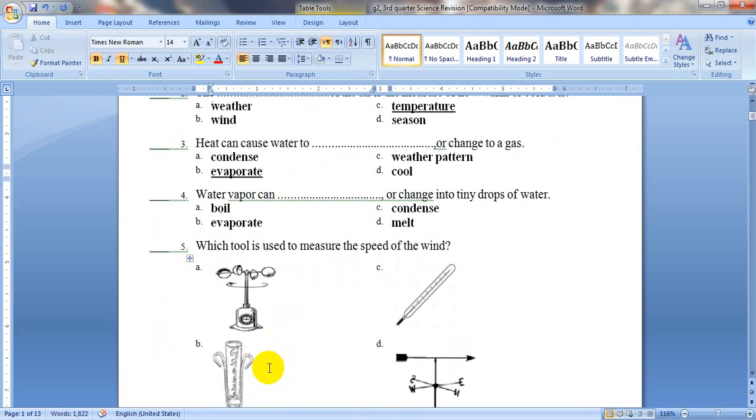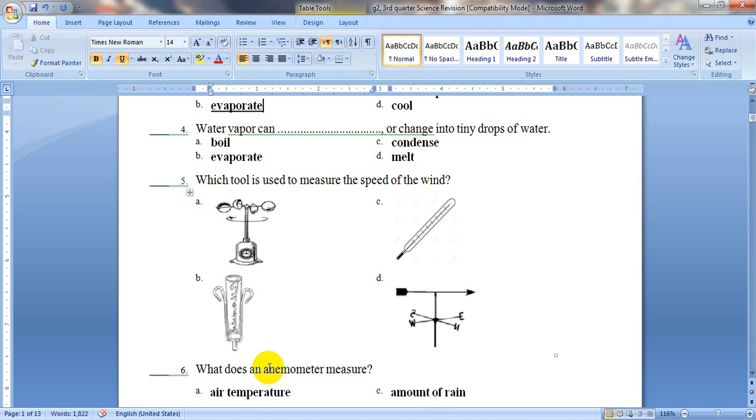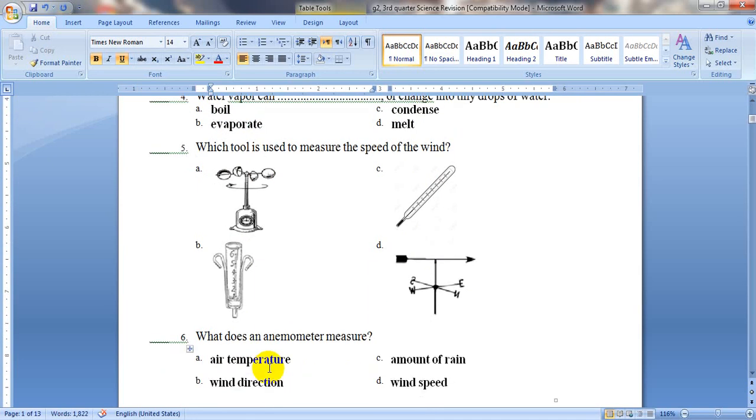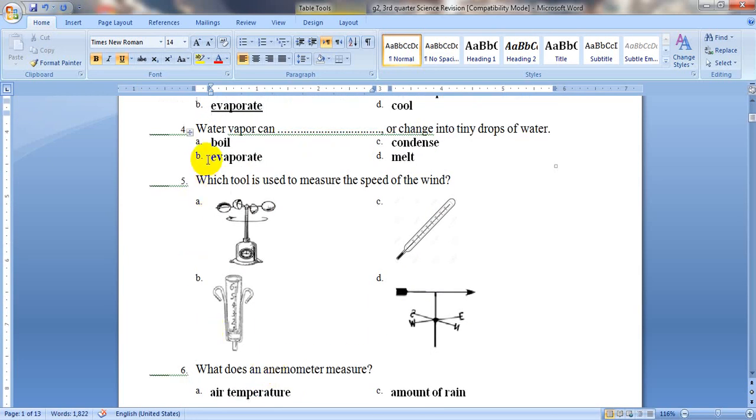Question number 4. Water vapor, which is a gas, can space or change into tiny drops of water. We will move the gas back to be liquid. What's happening here?